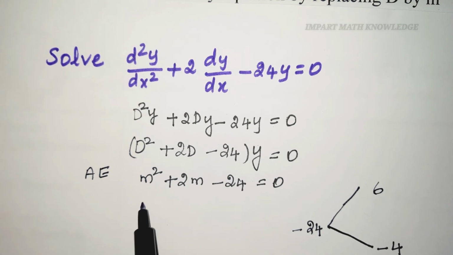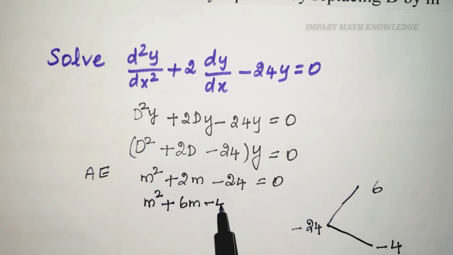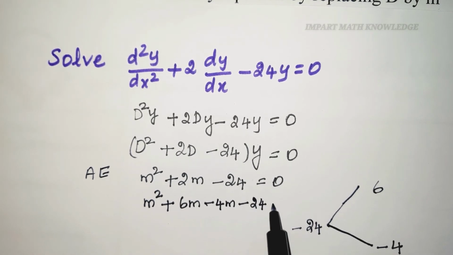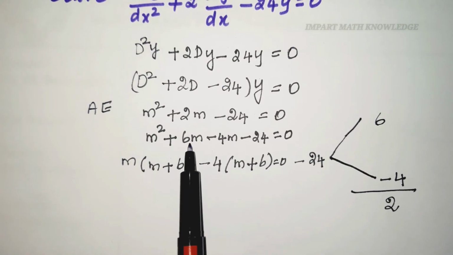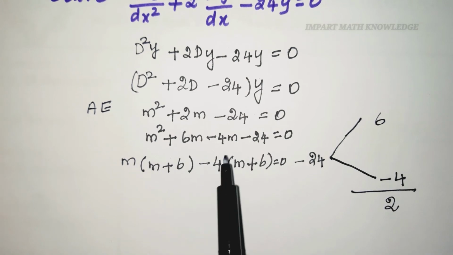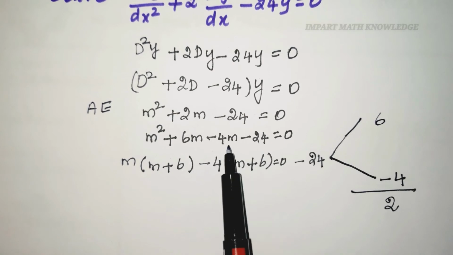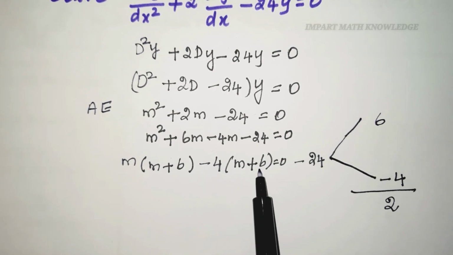Now we can write this as m square plus 2m can be written as 6m minus 4m minus 24 is equal to 0. In the first and the second term, m is common, take it outside, so m plus 6. Third and the fourth term, minus 4 is common, take it outside, so minus 4 into m plus 6 is equal to 0.